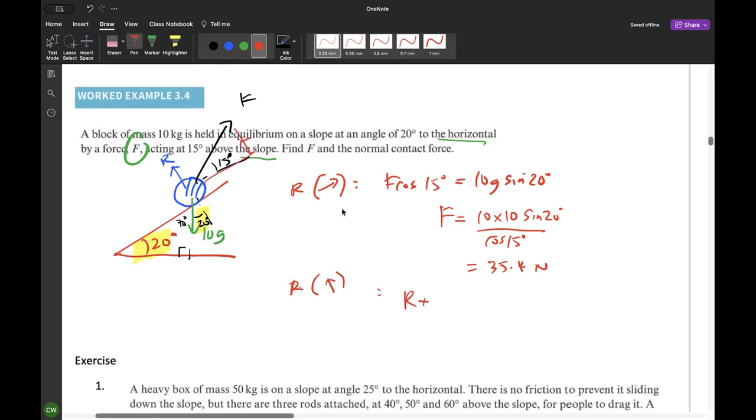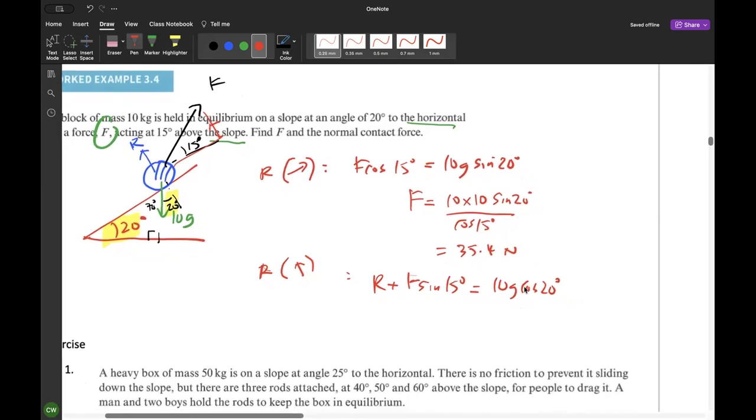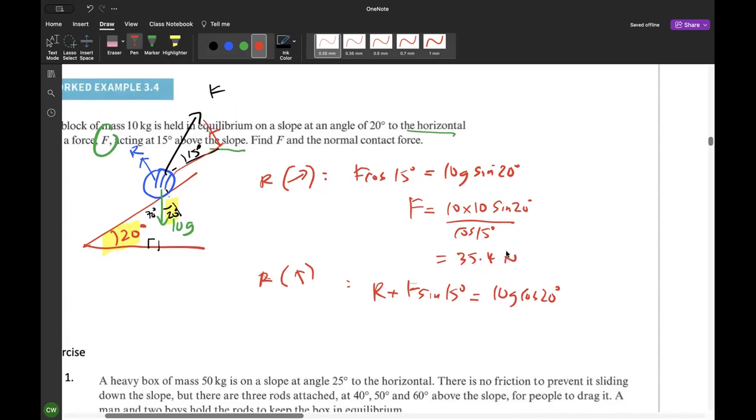So R needs to plus F sin 15, and it's balanced by this 10g cos 20. Okay, what is the R now? Try to find the R.